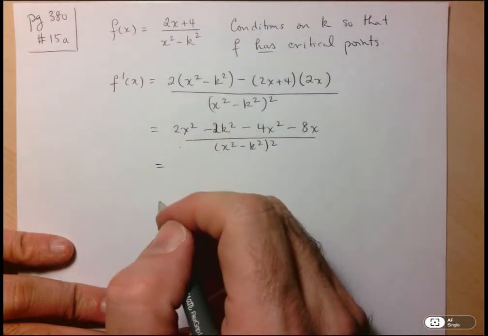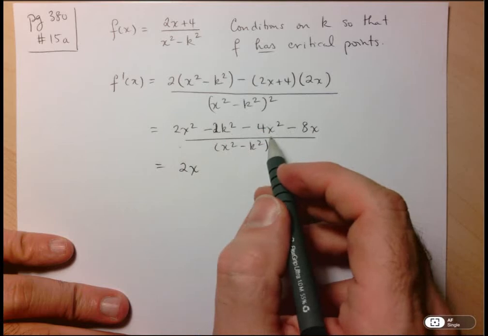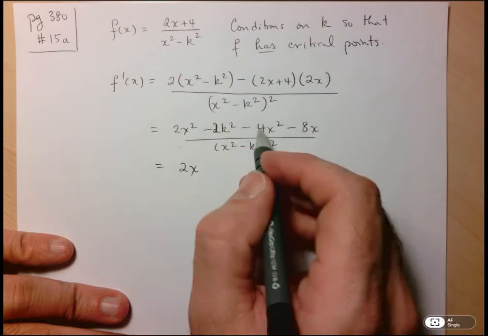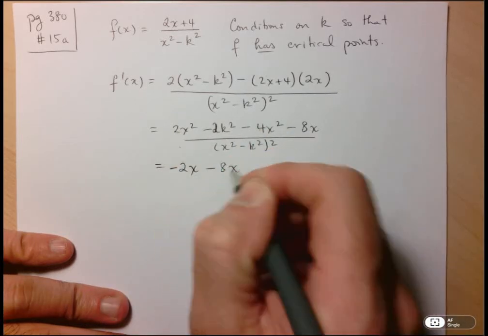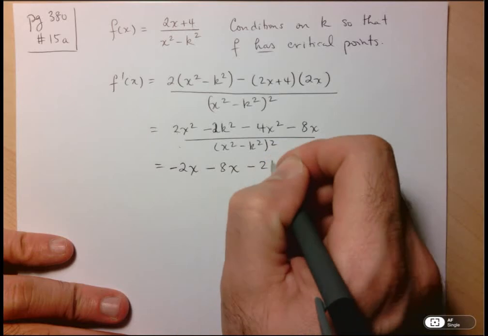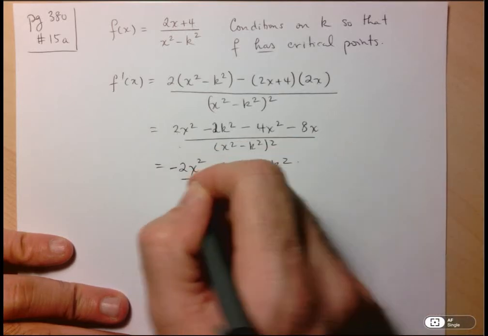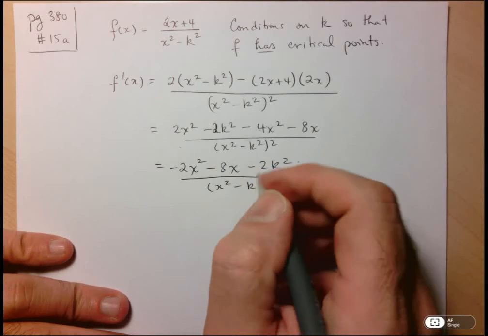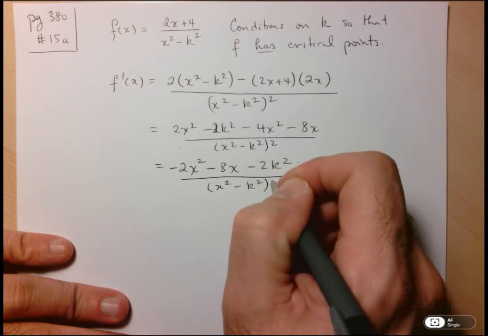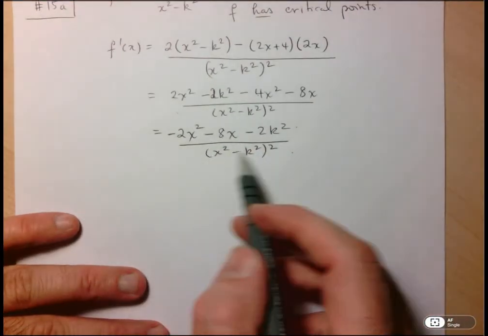We've got negative 2x squared, then minus 8x, and then minus 2k squared. So I see that in the numerator, I'm just left with a quadratic.